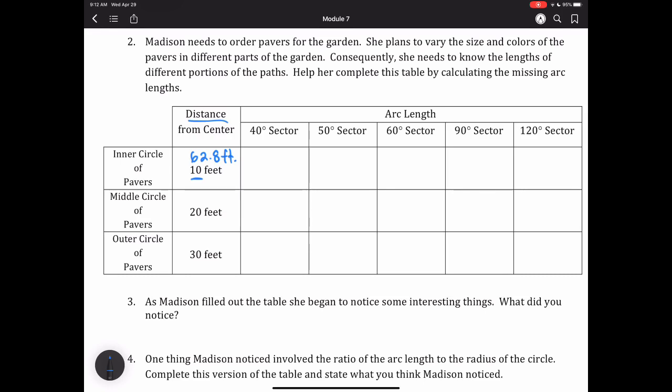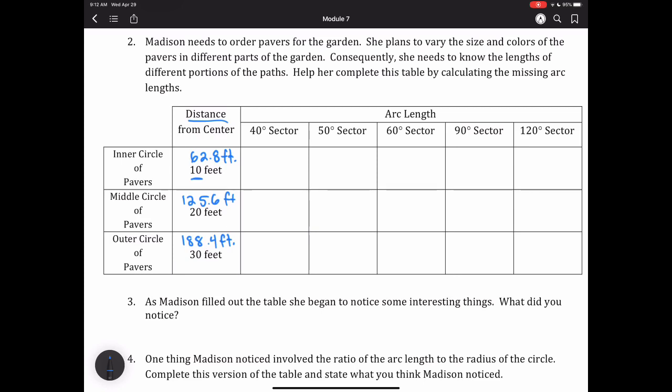Okay? Now I will do 40 times pi, which is 125.6 feet. And finally, I will do 60 times pi, which is 188.4 feet. Okay, so those are the entire circumferences.